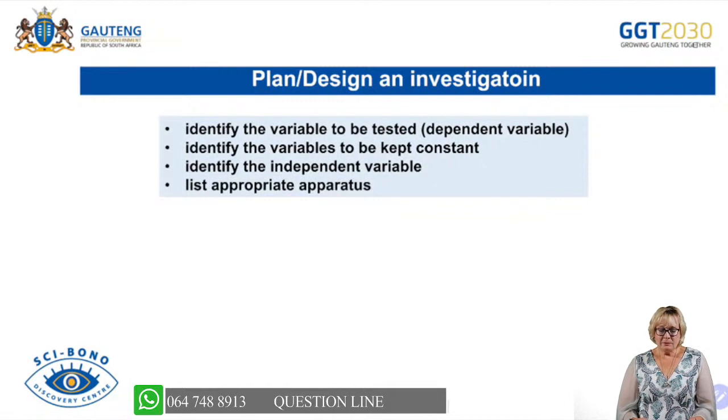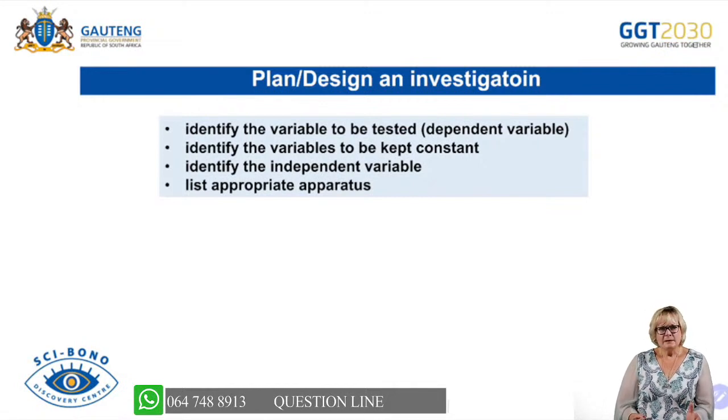Identify the variable to be tested. That's the dependent variable. All right? That is the one that you're going to measure. Identify the variable to be kept constant. All right? That's your constant or your fixed variables. Identify the independent variable. And then list appropriate apparatus. So you will have to go and think, what am I going to use?